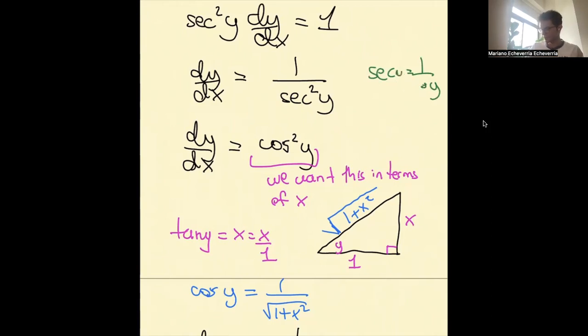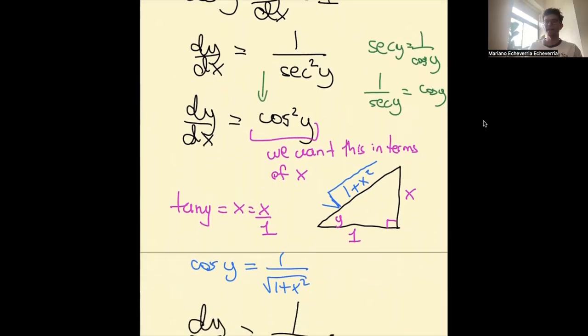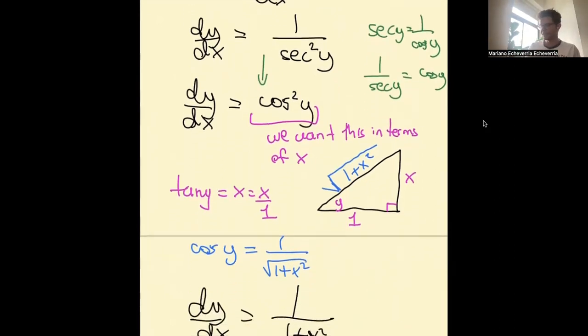Secant of y is 1 over cosine of y, and so 1 over secant is cosine. Just to answer the question that someone asked me, like how I got from here to here: that's why 1 over secant squared is cosine squared. But let me do this in a different way, which may be easier to understand and doesn't require this triangle, because that could be the confusing part.